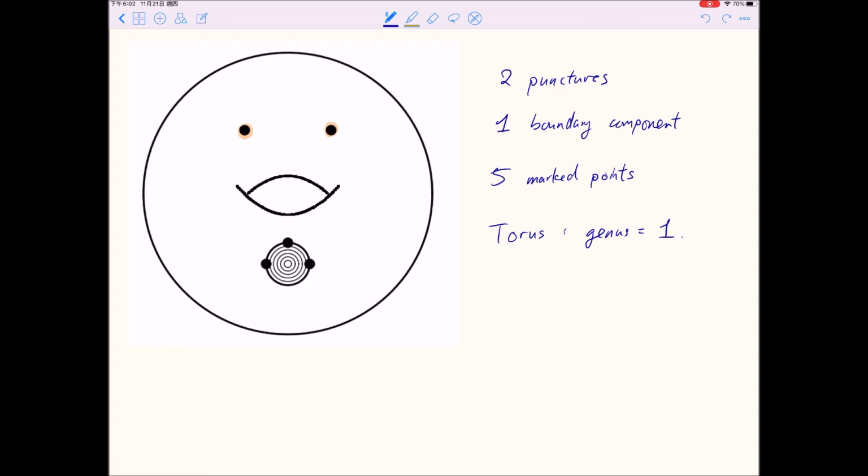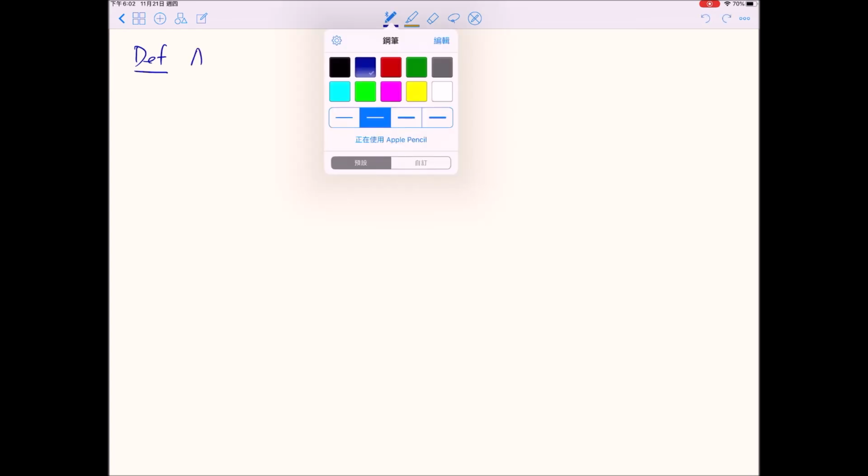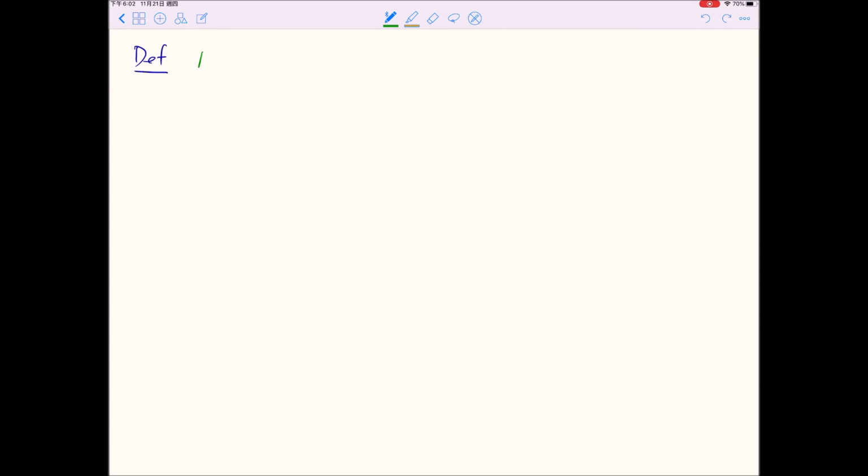All right, so then we will define the notion of triangulation. So triangulations will be made of curves joining different marked points on your surface. So we'll define this as an arc. So an arc in your bordered surface will be a curve up to isotopy.